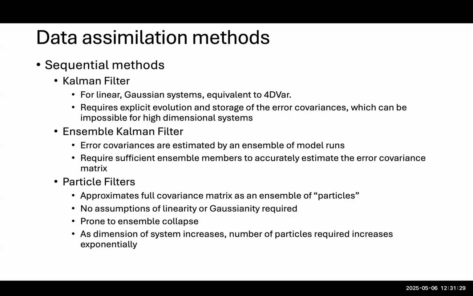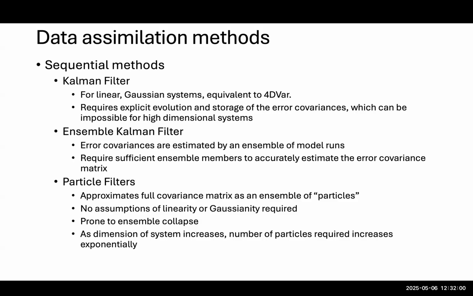But we do need enough ensemble members to accurately estimate the error covariance matrices. With too few, spurious correlations can be introduced, and it may underestimate the total covariance because we're only looking in however many ensemble members' directions, which is typically less than the dimension.